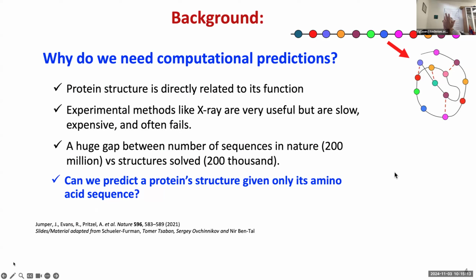That's a problem, because we want to know, if possible, all 200 million structures, but we know a small fraction of them. So quickly the question arises: can we predict protein structures given only the amino acid sequence? That's the problem people wanted to solve for 70 years.